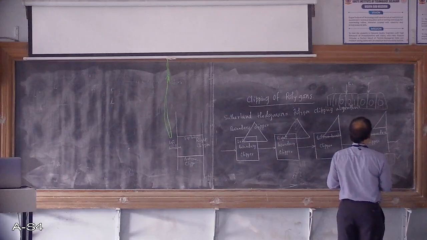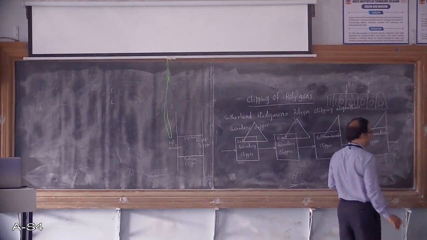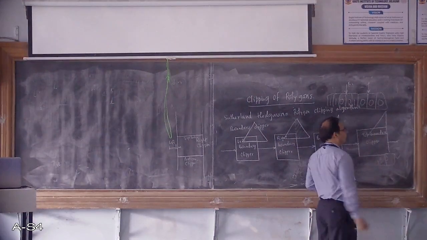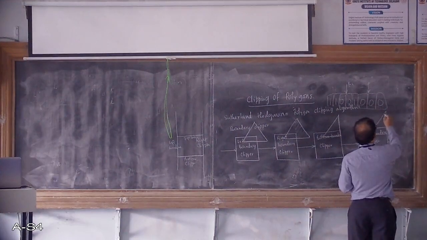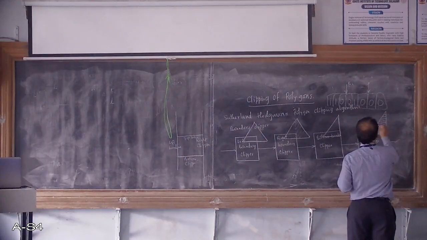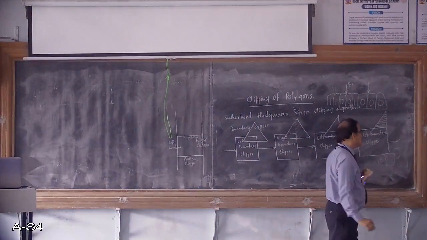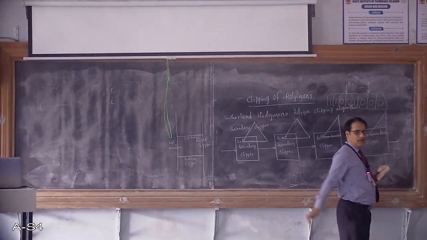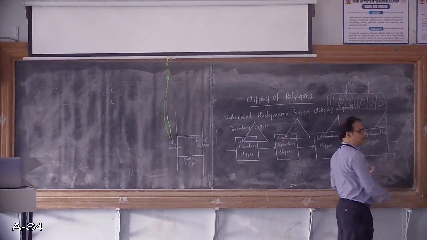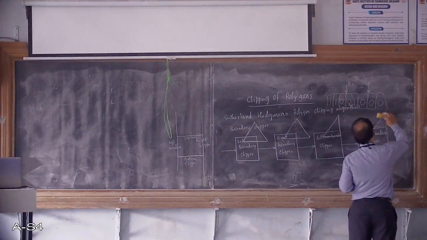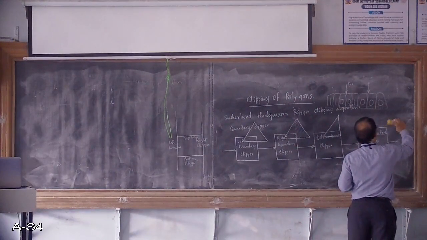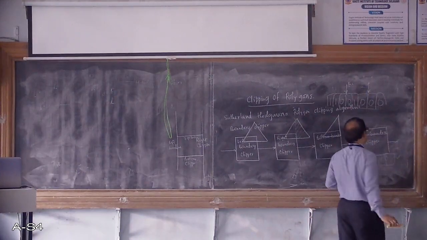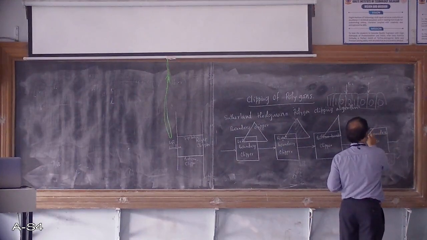Hence the result of applying the top boundary clipper to the polygon is this portion, which is on the top of the right boundary, which is outside the clipping window, which will be invisible, and therefore we are going to eliminate the portion above the top boundary, and after clipping what remains is this one.